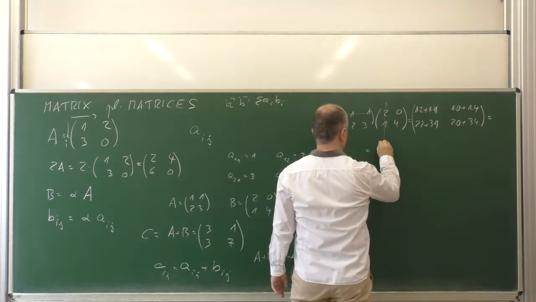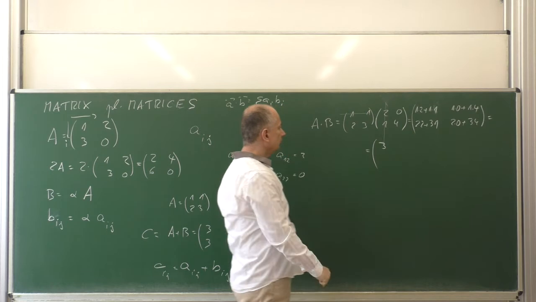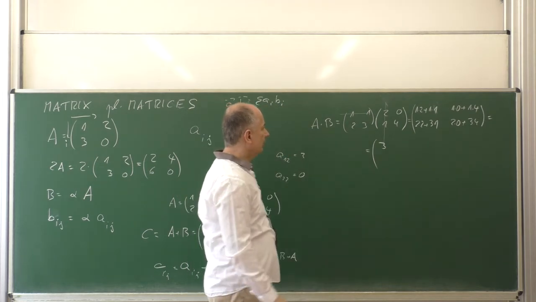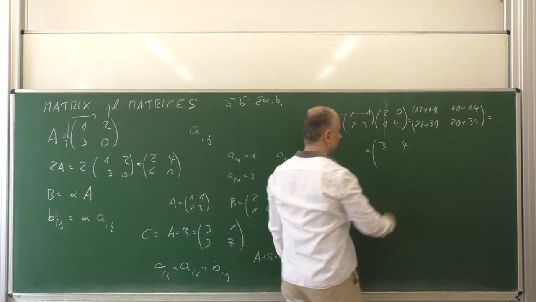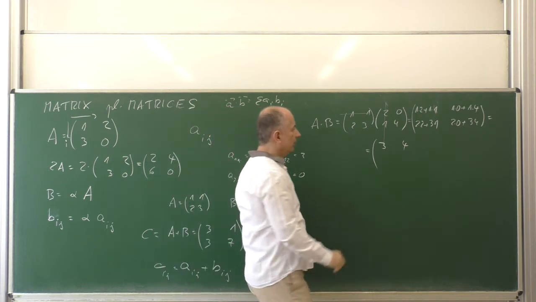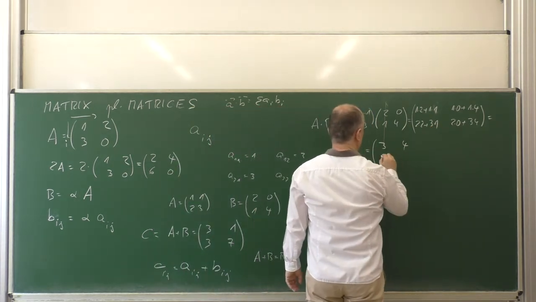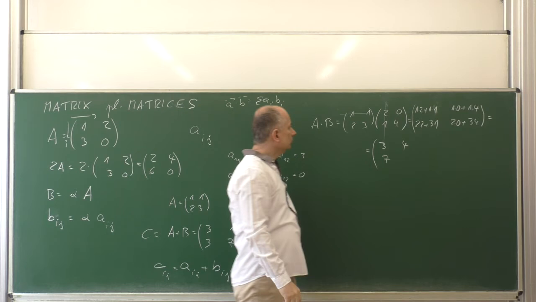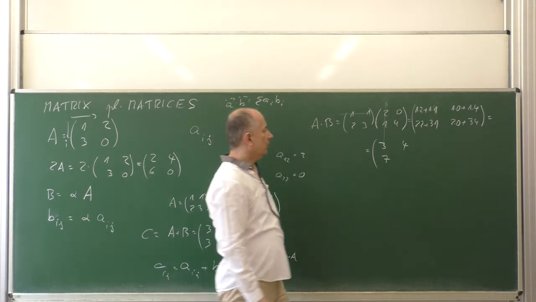And 2 plus 1 is 3. Then we have 0 plus 4, which is 4. Then we have 4 plus 3, which is 7. And finally, 12.